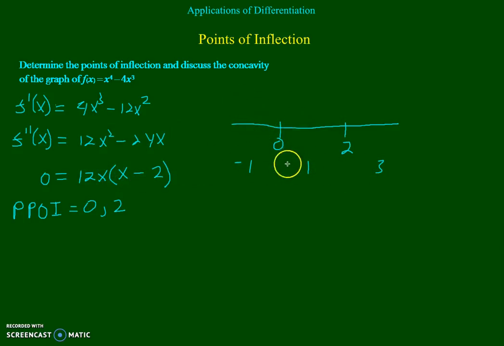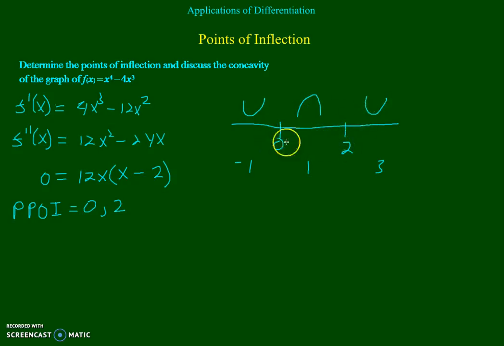Now we're going to test the second derivative at these test values to find out what our concavity is. When we substitute -1 into our second derivative, we get a positive number. So this is concave up. Put in 1, we get a negative, so we're concave down. And put in 3, we get a positive again. So yes, in fact, concavity changed from up to down at 0 and from down to up at 2.